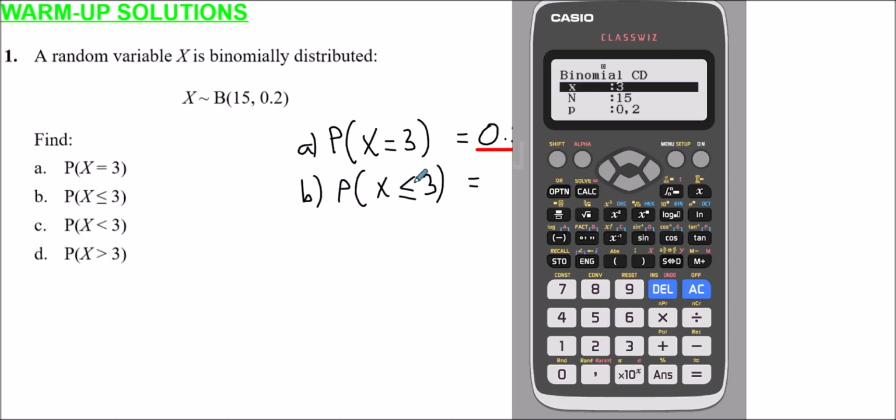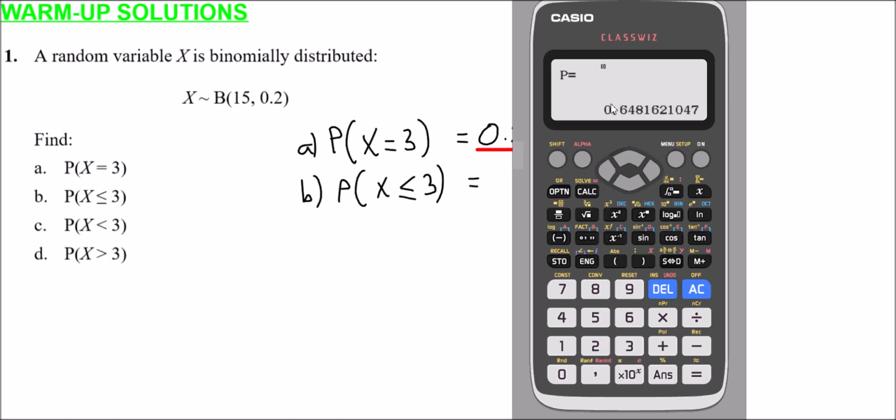We want to go up to and including 3, so this time we leave it as 3, and now press equals again. And as you see, even though we used 3, 15 and 0.2 as before, this probability is greater. It's 0.648, and that's because for the cumulative distribution, we're not just including the probability of it being 3, we're adding to that the probability of x is 2, x is 1, and x is 0.